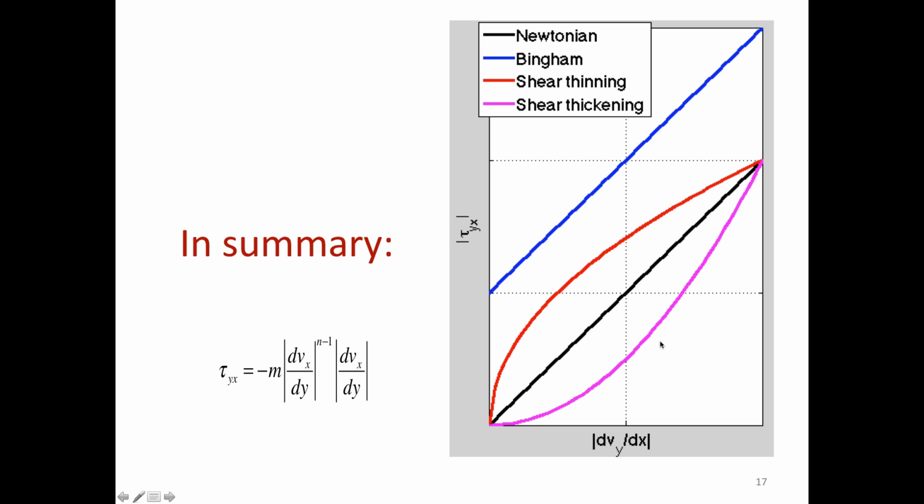Whereas if I have a shear thickening fluid, then as I increase dV/dx, I'm going to have a steeper slope and effectively larger viscosity. So my effective viscosity that I measure on the outside, if I just assume that this is a Newtonian fluid, will appear much larger than it is at lower dVx/dy. So that is a shear thickening fluid.